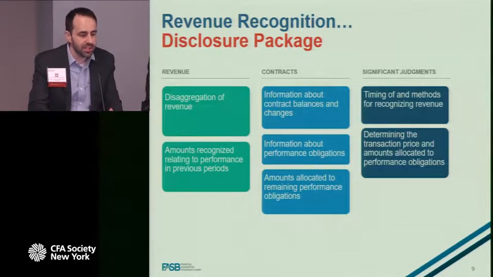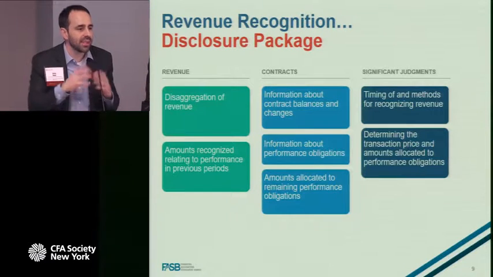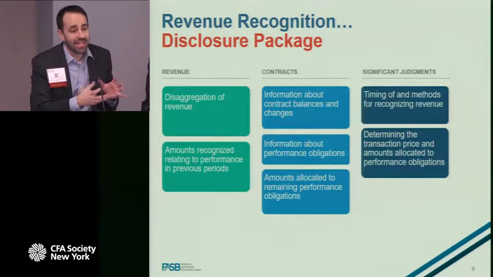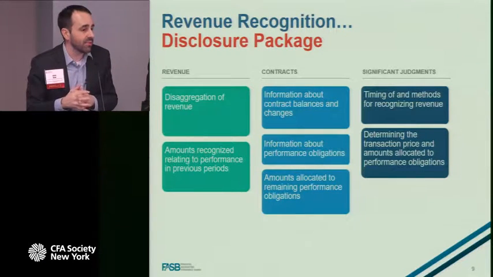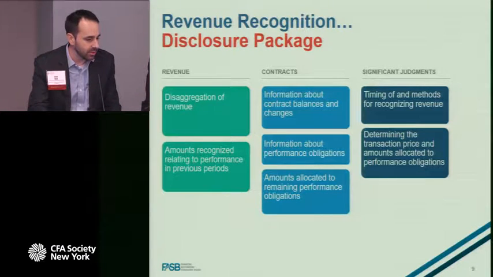Then as well, information about the contracts, the performance obligations. And then the third one under contracts is amounts allocated to remaining performance obligations. So this is the case where the company has amounts that are contracted for, but hasn't been recognized as revenue yet because they haven't performed. So very useful information to users. And then information about significant judgments.